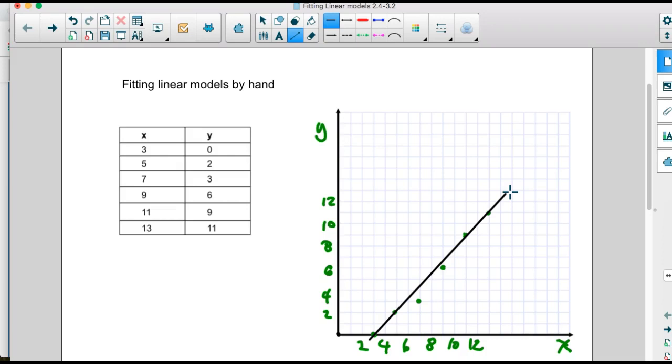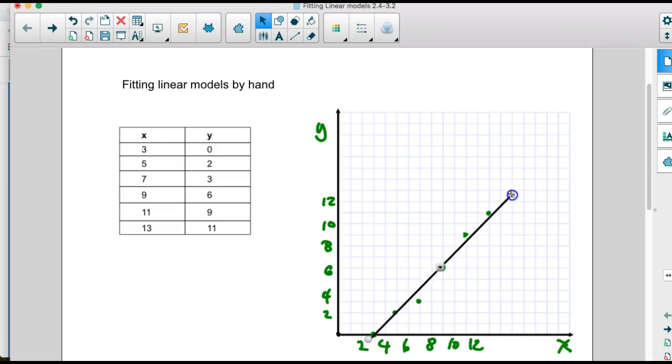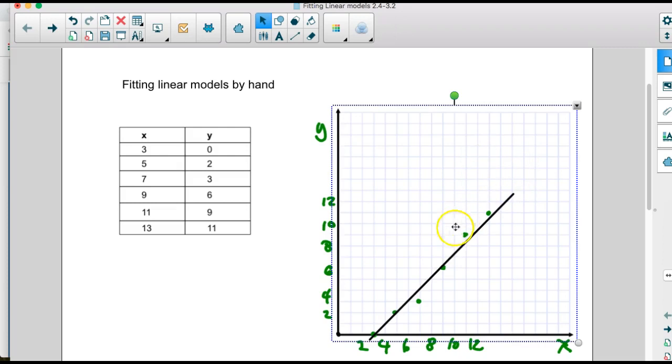So what we want to do now is create a model that follows this path. Maybe we should have it a little bit lower because there are a couple of points that are below the line, so let's say we go with this line instead.